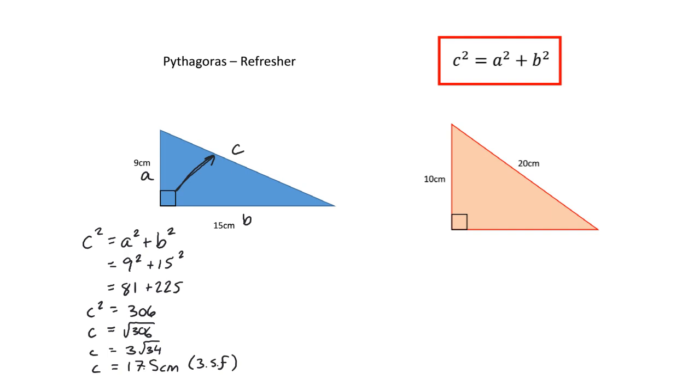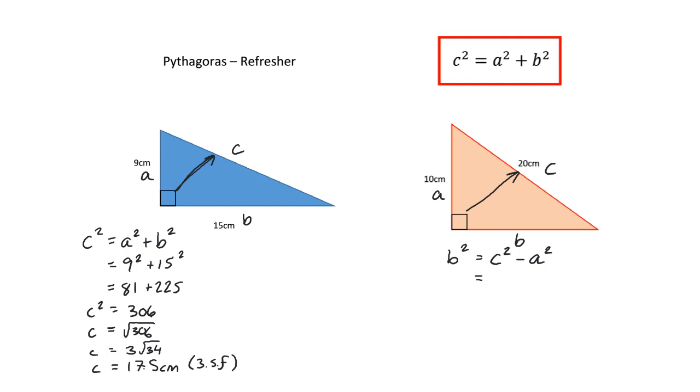If we're trying to find a shorter side, if you have identified that C already has a value, then we're going to manipulate the formula. Remember, the formula becomes manipulated, so in this case, I've labelled the 10 centimetres as A, so it becomes C squared subtract A squared.